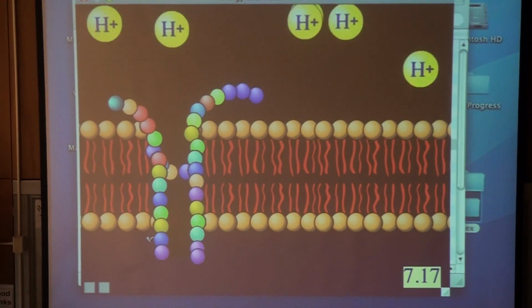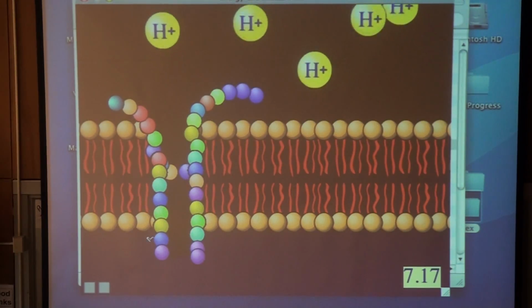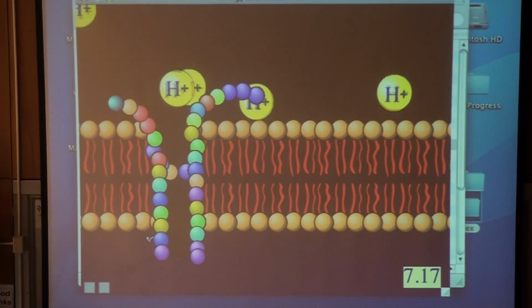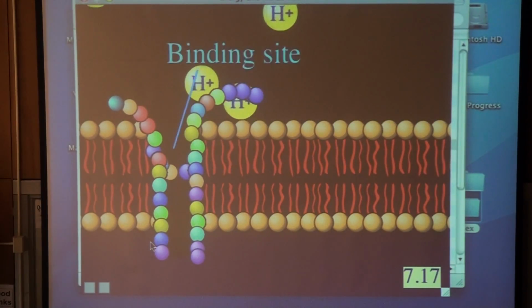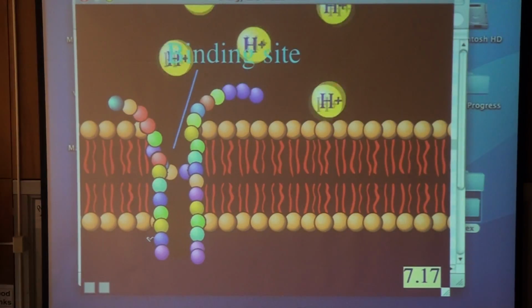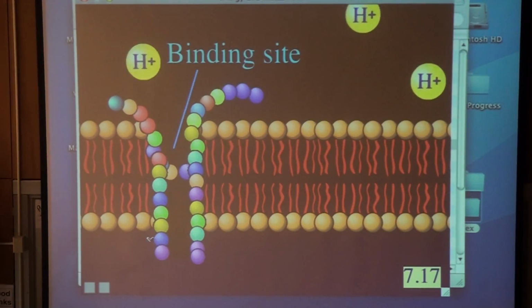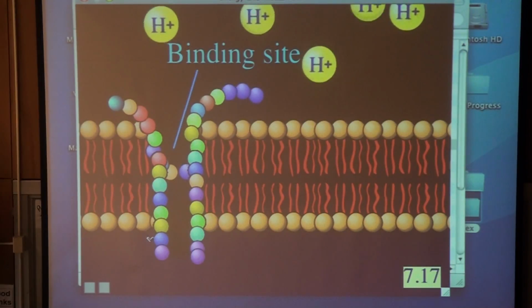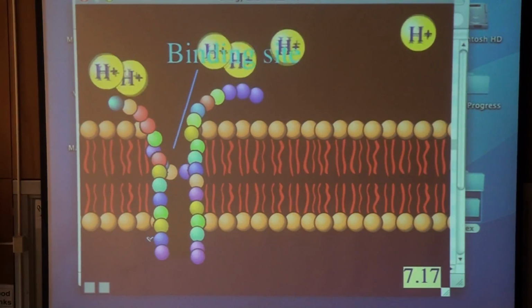Remember that transport proteins are not just a wide open tunnel. They have a binding site, and that makes them specific for just the particular solute that they're supposed to be transporting. If this transport protein was for hydrogen ions, that was really the only thing it would transport because nothing else would fit exactly into its binding site.